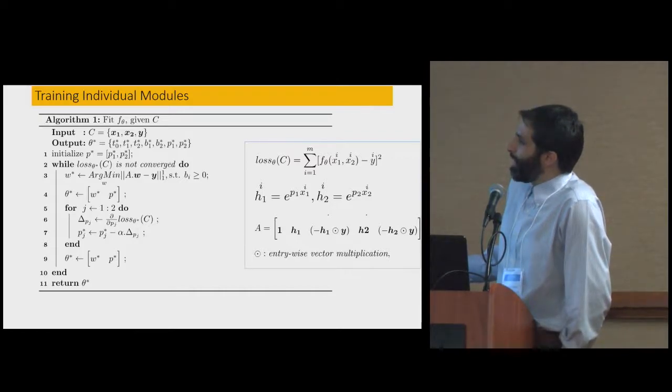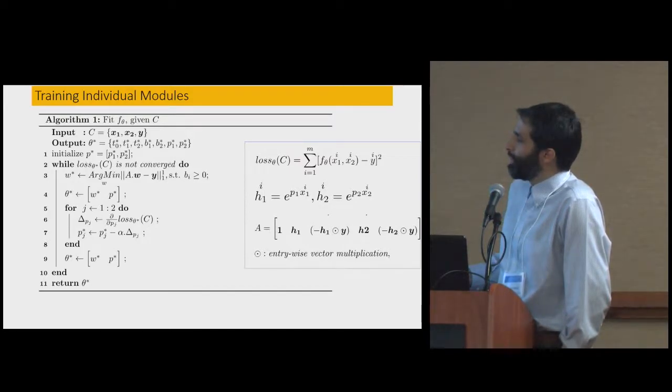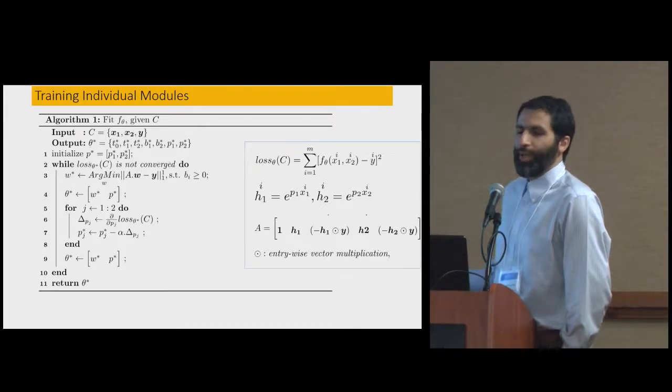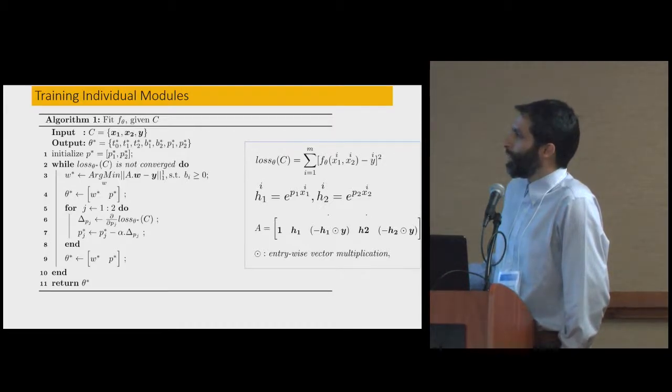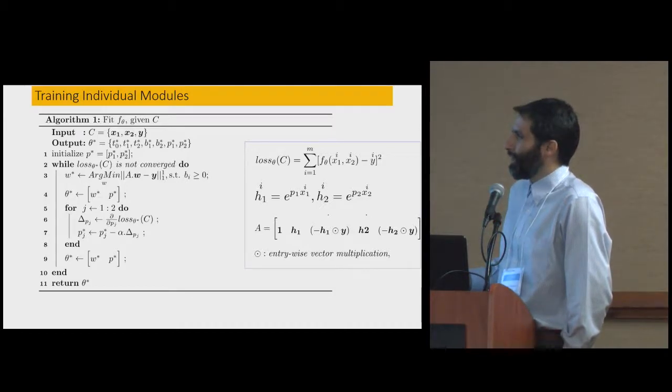It turns out that among all of those parameters, if you know P1 and P2, if you know two of them, the rest of them you can get through a constrained linear programming. Therefore, our algorithm works like this. We set only two of the parameters, and then we solve this to get the minimum.